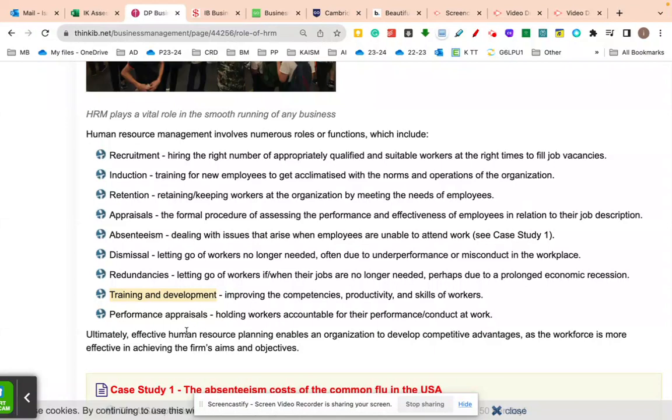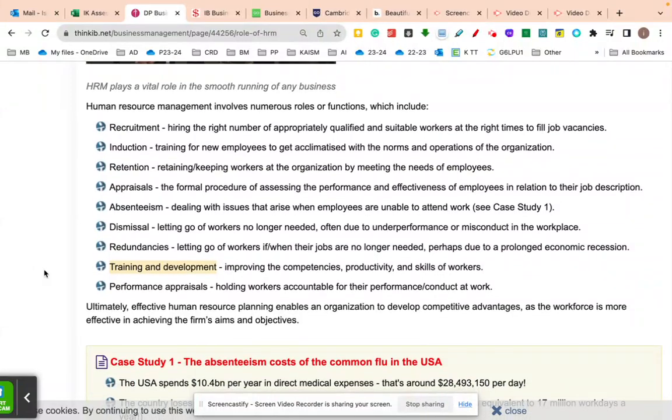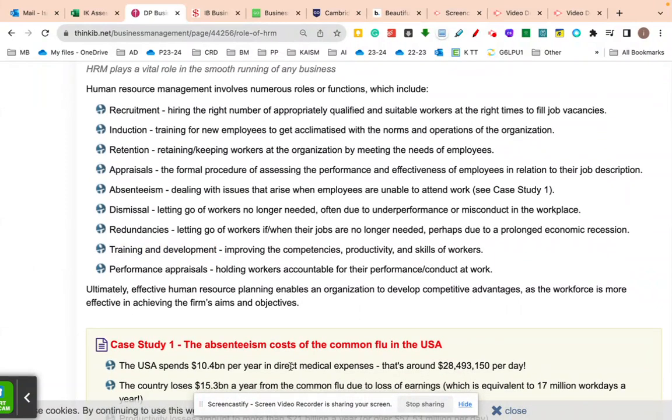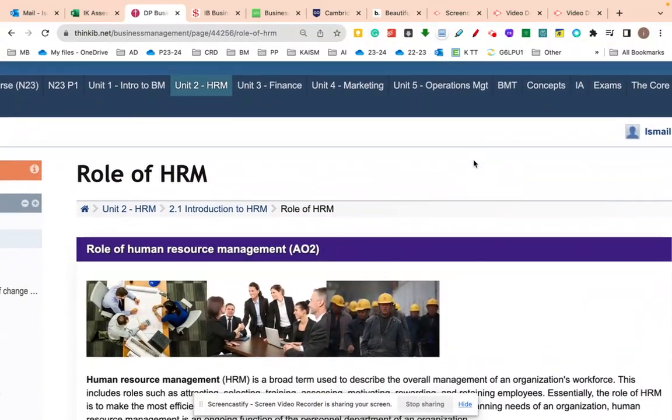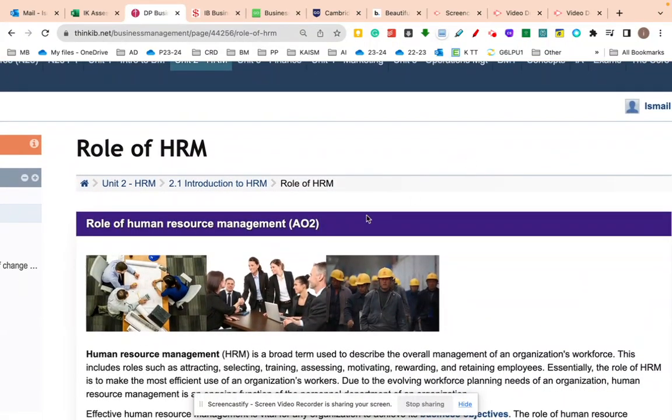And then you've got performance appraisals, which is similar to appraisals. So you could put the two together in terms of performance appraisals. So that is part one of the role of human resources in management.